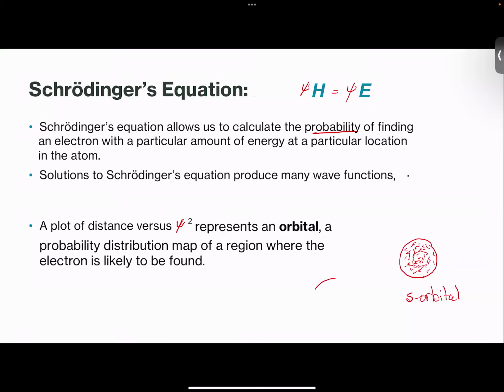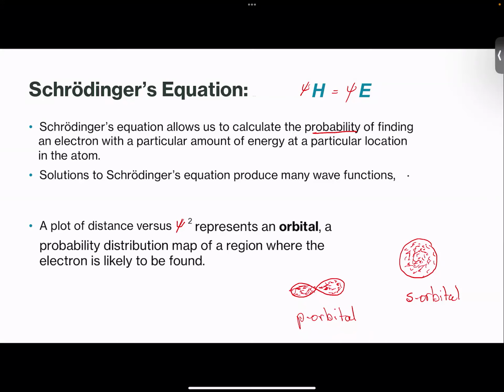Or we can have a p orbital, and when we get a p orbital, we're describing that the electron is most likely somewhere in one of these two lobes. So again, a plot of psi squared versus the distance represents this probability distribution map.